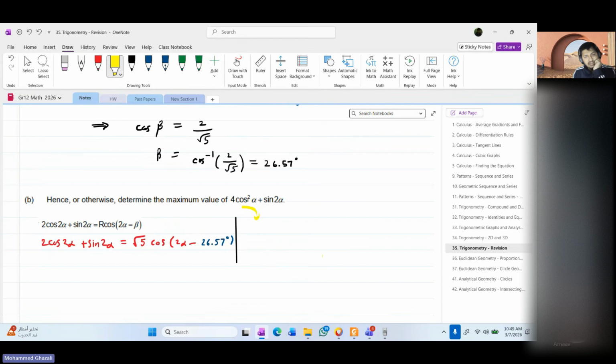Remember, this is alpha and that is alpha. So we need to rewrite it in terms of cos 2 alpha. Remember, this is 4 cos squared alpha.